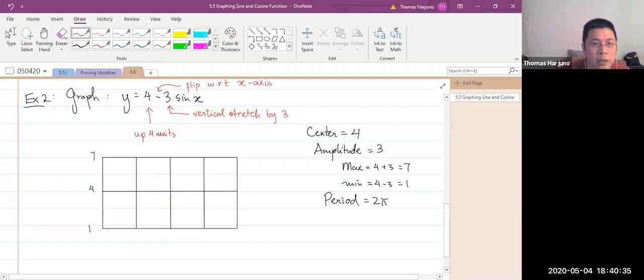You know what? Let me write this first. This is 0, pi over 2, pi, 3 pi over 2, and 2 pi. Okay, and the graph will be upside down, it's called upside down sine. It will look like this.